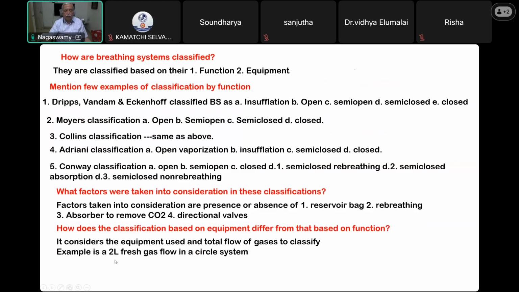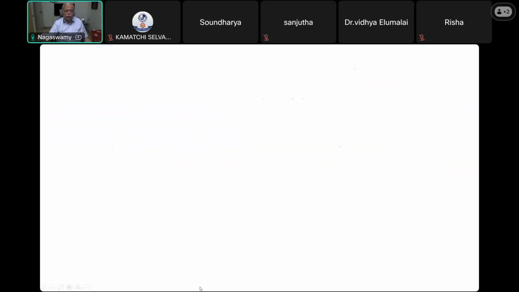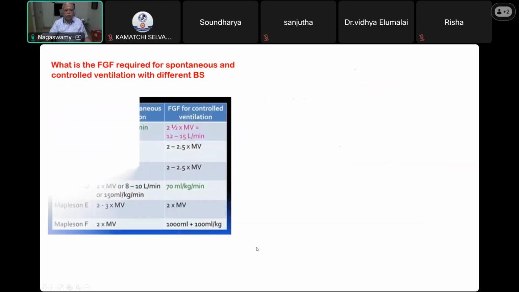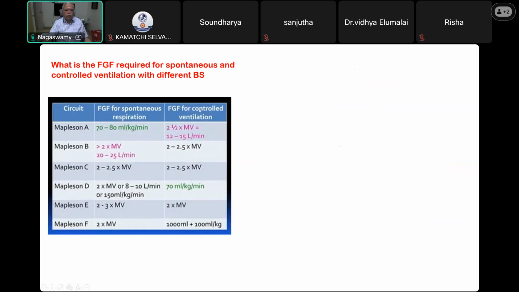If you say 2 liter fresh gas flow in a circle system, that is how you describe it based on the function. And based on the equipment, you can say this by Hamilton. Fresh gas flow required for various breathing systems is another common question they will ask you.